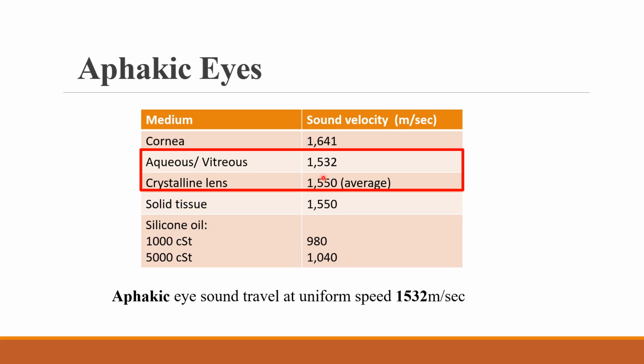Aqueous or vitreous, sound speed is 1532 meters per second. In the crystalline lens, 1550 meters per second. Solid tissue, 1550 meters per second. In silicone oil, in case of 1000 cSt, 980 meters per second. In case of 5000 cSt, 1040 meters per second.